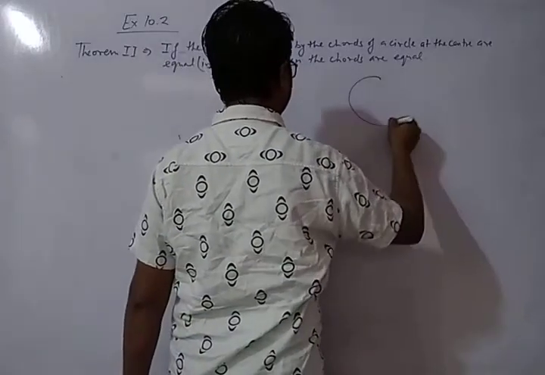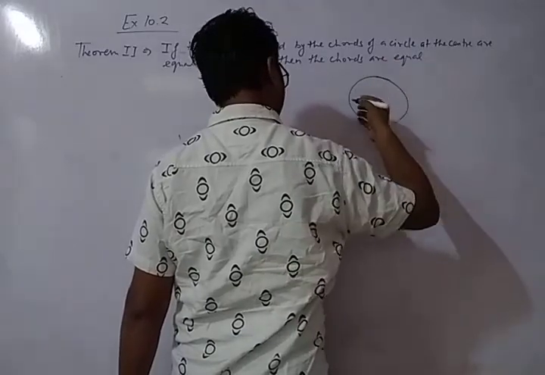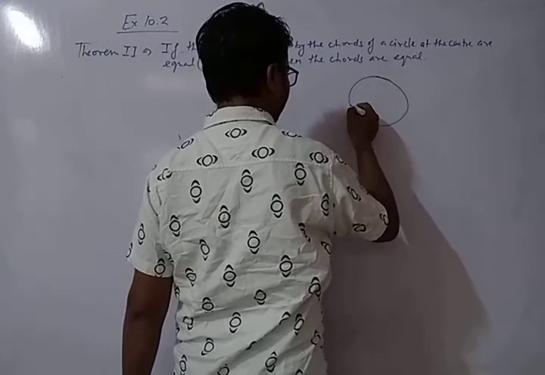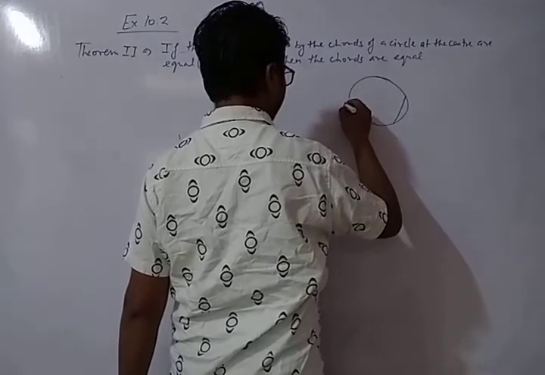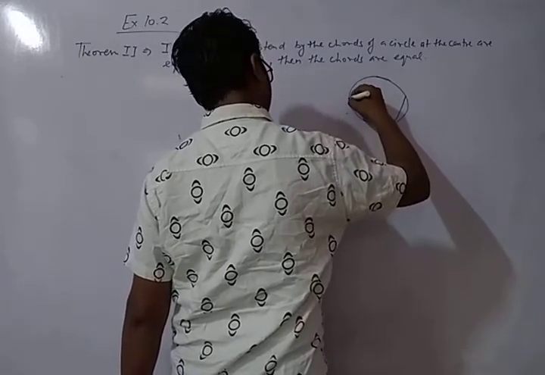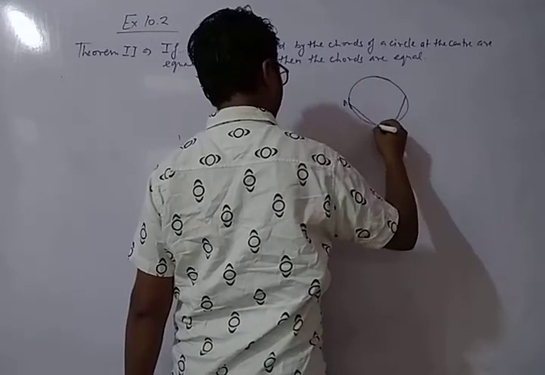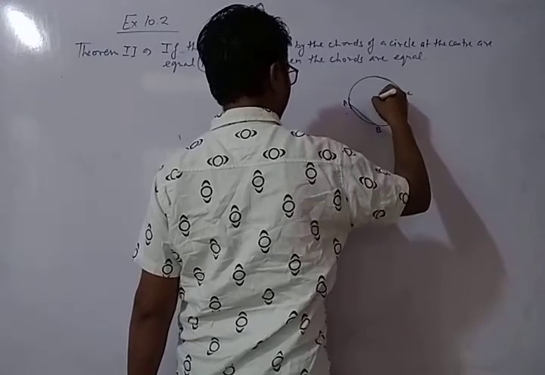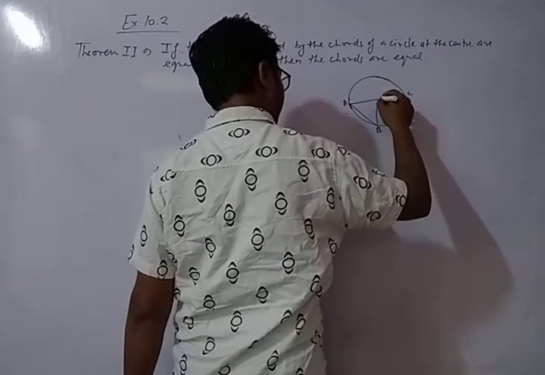Same thing, you will draw that. Draw a circle. Draw any two chords; you can draw anywhere. Label them PQ and RS, or if you want to take the same, you can take A, B, C, D. Now first draw the angles subtended by the chords at the center.